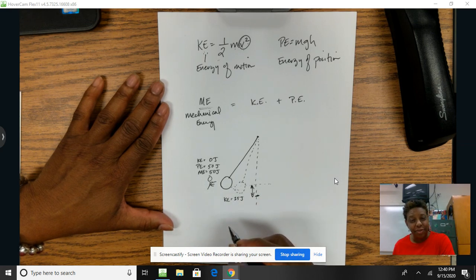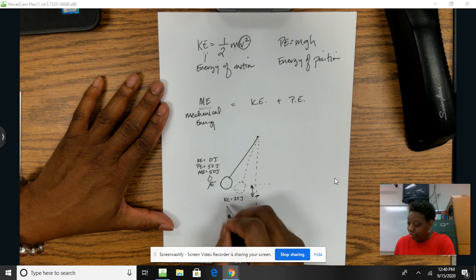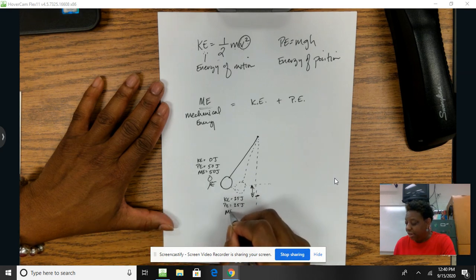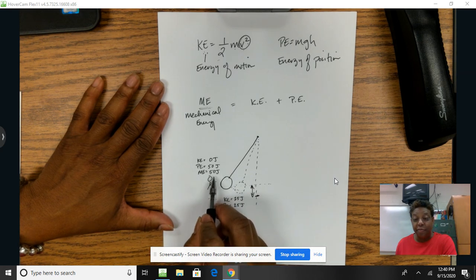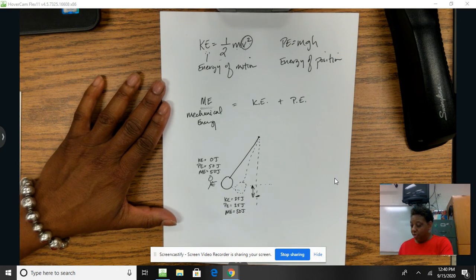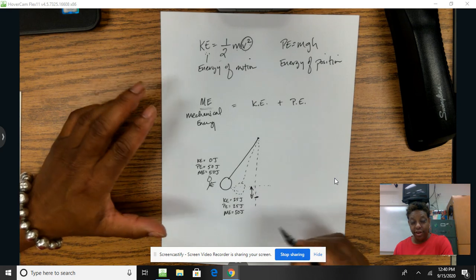How much potential energy will it have? 25 joules. How do you know, Ms. Kyle? Because the total energy of the system, the mechanical energy, is not going to change from 50. You can't put in any more than you started with.